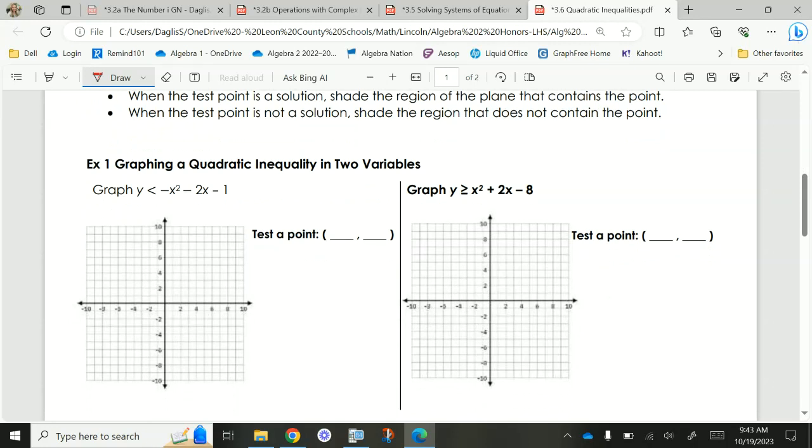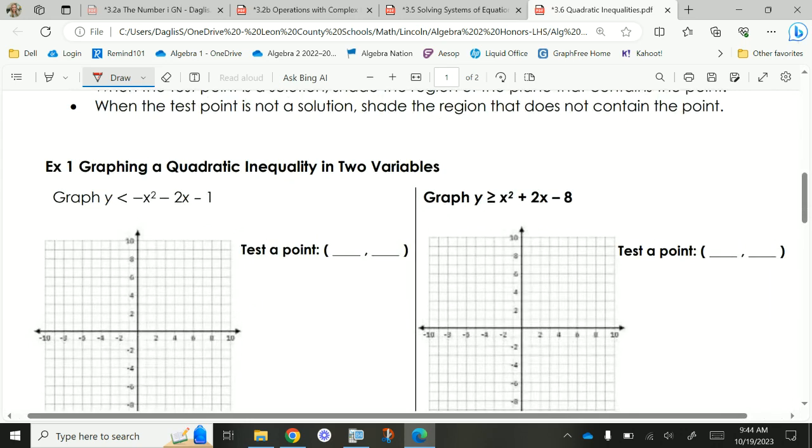So let's do these guys. So I have y is less than, not less than or equal to, negative x squared minus 2x minus 1. Okay. I'm going to do my vertex. So I'm going to do opposite b over 2a.